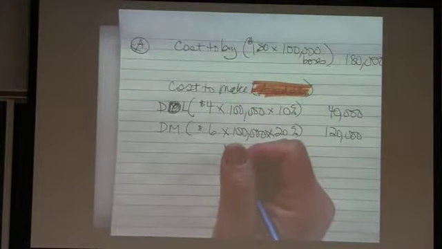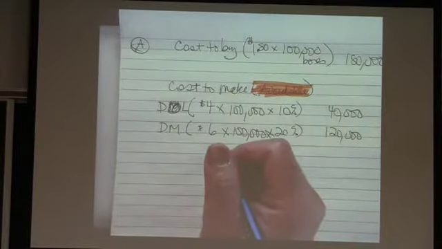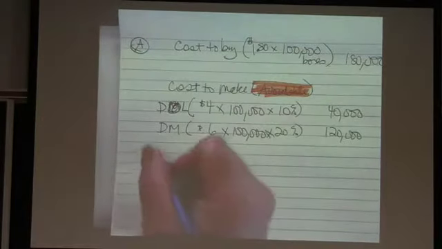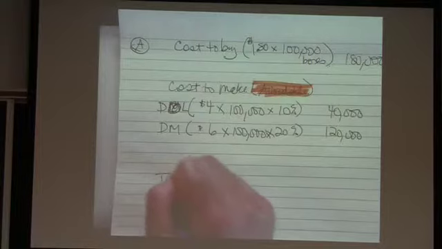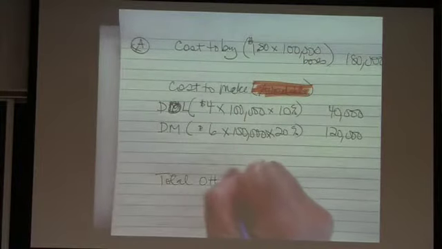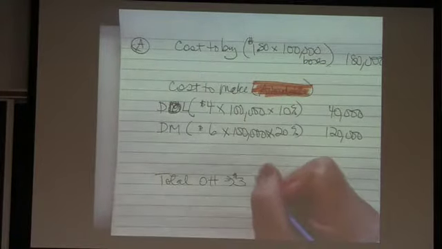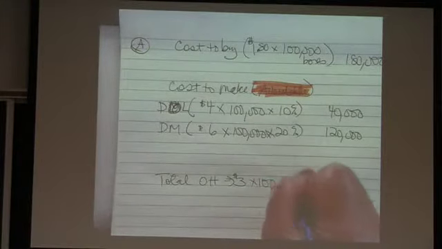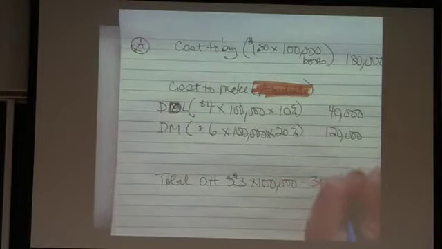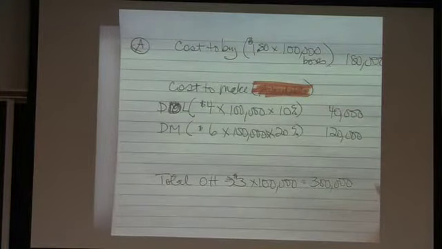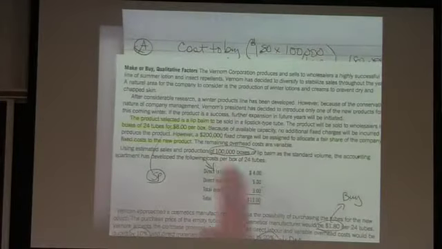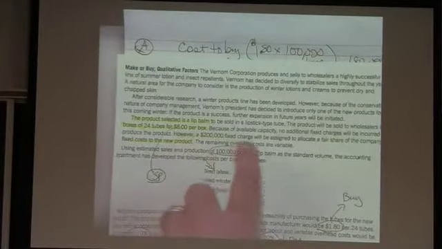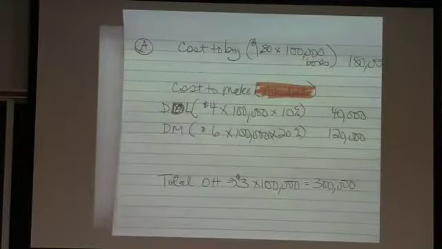Now, variable overhead. So we know that total overhead was $3 per unit. Remember it says it's $3, so that's $300,000, but we're told that $200,000 is fixed cost.